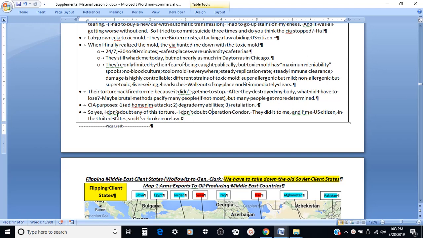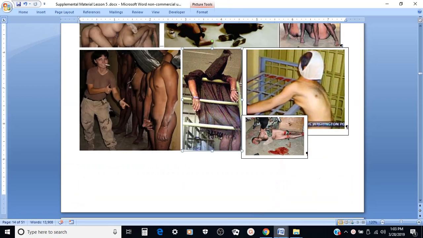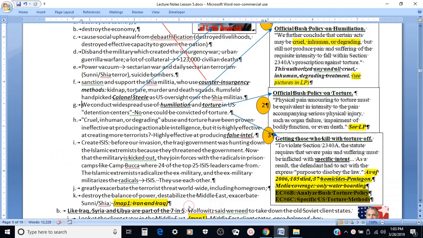So yes, I have no doubt these guys do torture. There's no doubt, right? All this stuff, yeah, they do it. Bush policy, yeah, they use it. Nothing's torture until you die, till your organs fail and you die. That's crazy. That's pretty funny.